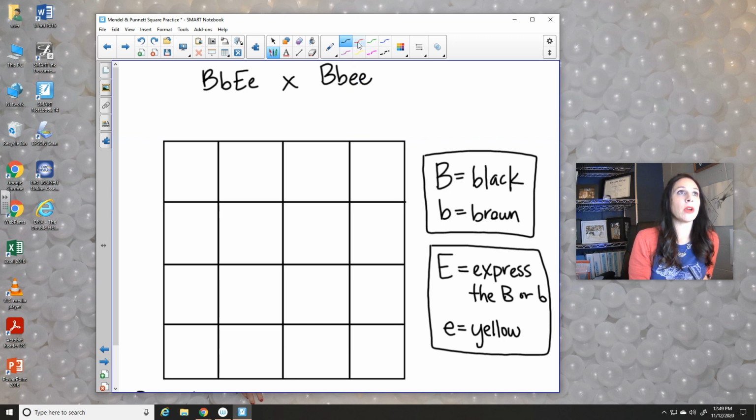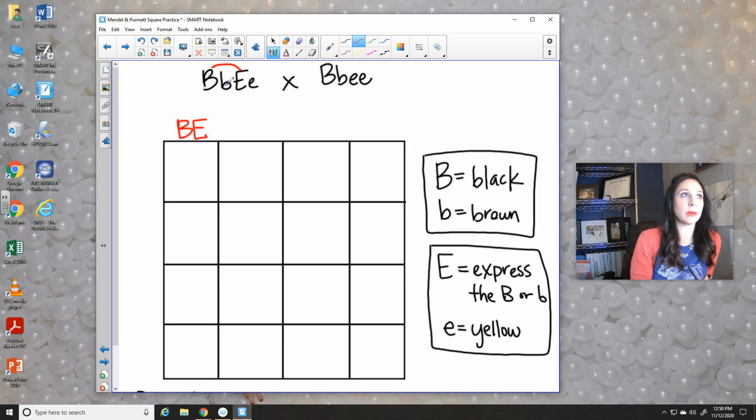If you remember, we're going to factor to get our parental genotypes on the top and the side. So the first one is we're going to cross this big B and a little e. Remember, what that means is this particular parent can only pass on one allele at a time.